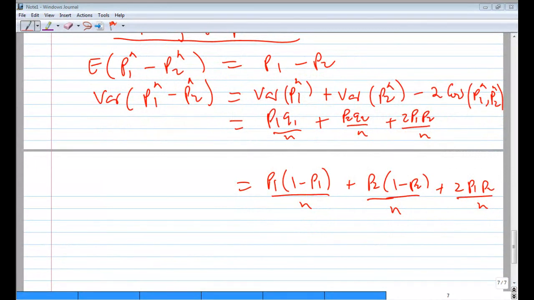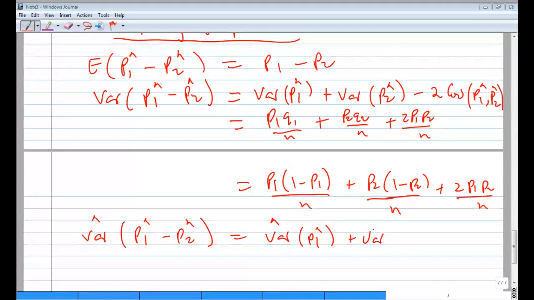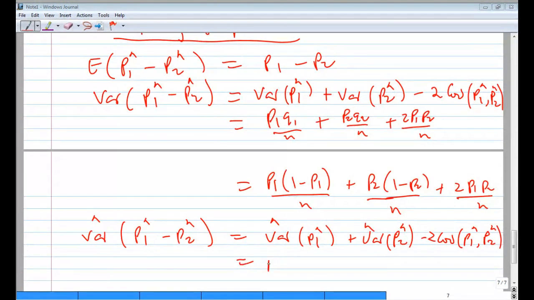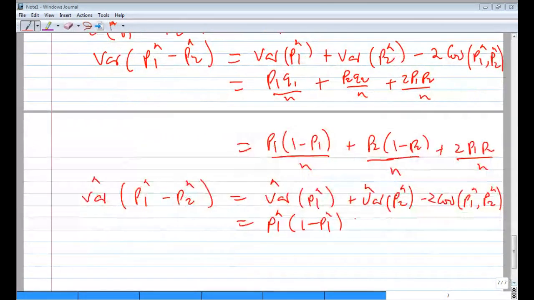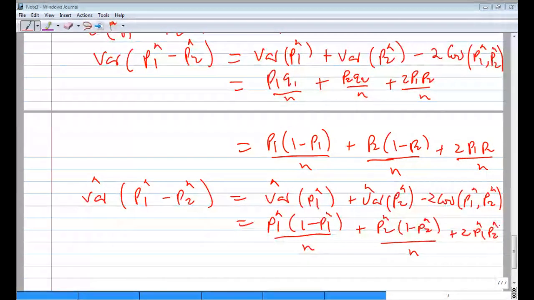Likewise, if you are considering the estimated variance of P1 hat minus P2 hat, it is equal to the estimated var of P1 hat plus var of P2 hat minus 2 cov of P1 hat, P2 hat, which is equal to P1 hat (1 minus P1 hat) over N plus P2 hat (1 minus P2 hat) over N plus 2 P1 hat P2 hat over N. So those are things that I wanted to introduce.